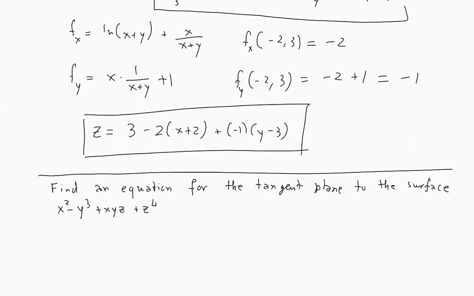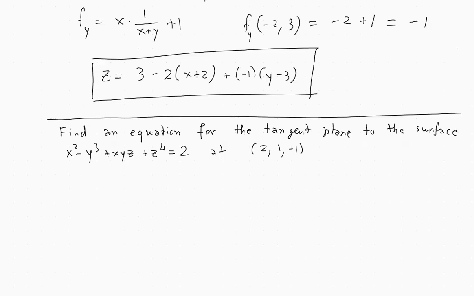Okay, so what do we do here? The first thing we need to do is to define a function that has this surface as a level surface. So we define f of x, y, z. Just bring everything to the left-hand side. It doesn't really matter. You can leave it like this, or you can put -2. If you leave it without the -2, then it's going to be the level surface corresponding to 2.